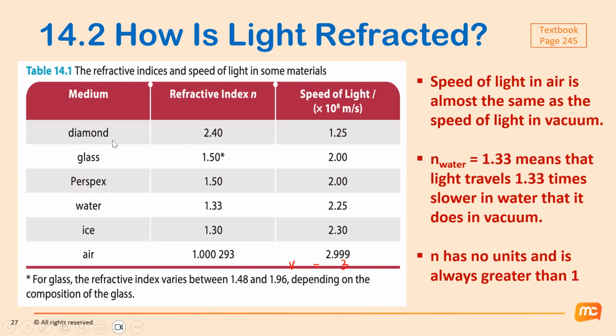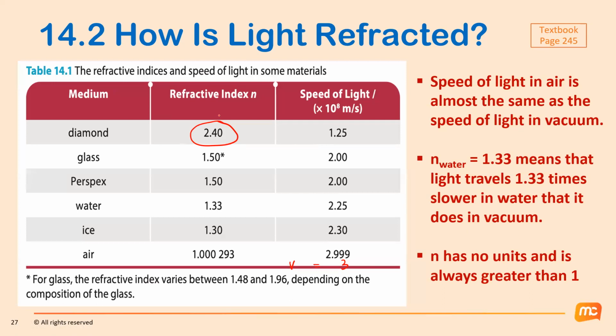But if you take a look at this entire table, the one with the highest refractive index is diamond over here. Diamond has a refractive index of 2.40. It means that the speed of light in diamond actually slows down by 2.40 times.